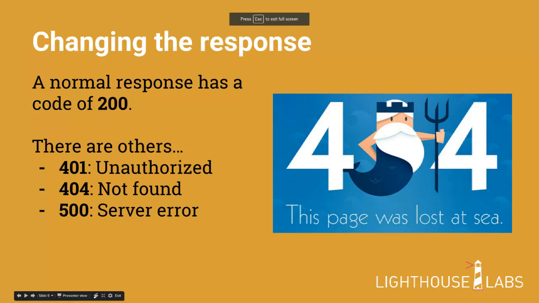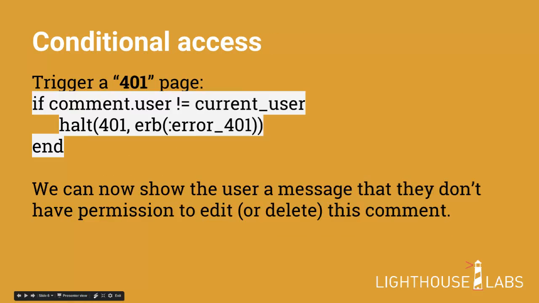Always enjoy reviewing those. And here's a conditional access. This is something that you would put into a filter, and you can just test. You can say, well, has this user been granted administrative access? Or in this case, is this user trying to edit a comment, right? So here's a comment.